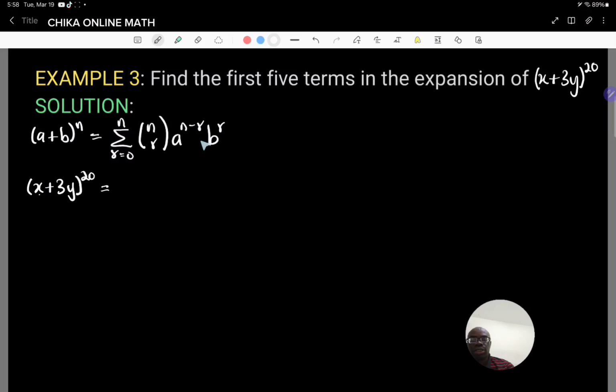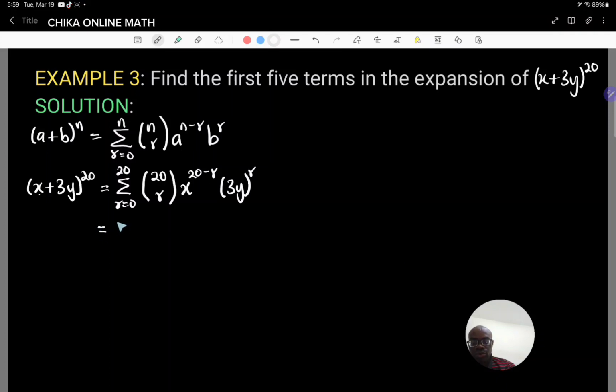So if you substitute it in this binomial series, we have the summation, r equal to 0 to 20, of 20 combination r, our a, which is x, to the power n, which is 20 minus r, our b, which is 3y, to the power r. If you recall, in the question we're asked to find the first 5 terms, so we write out the first 5 terms.